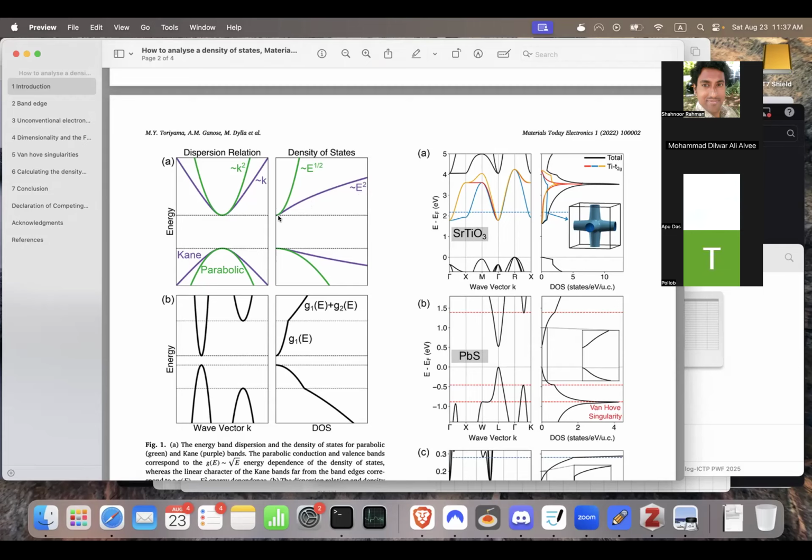And this is the energy gap between two bands. Let's say this is like a semiconductor. There's a gap. It depends on the gap actually.